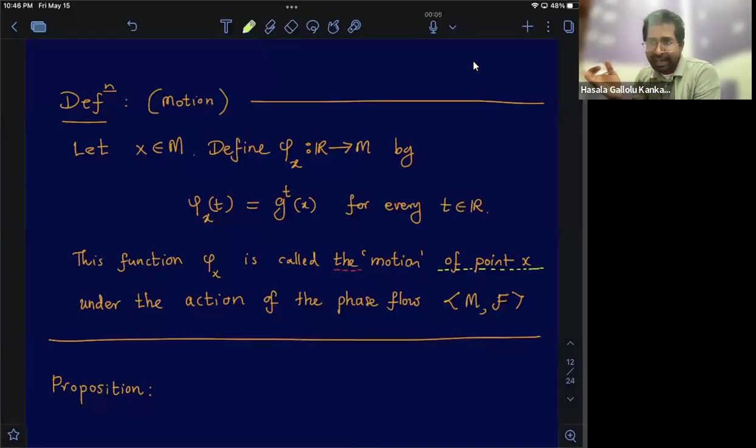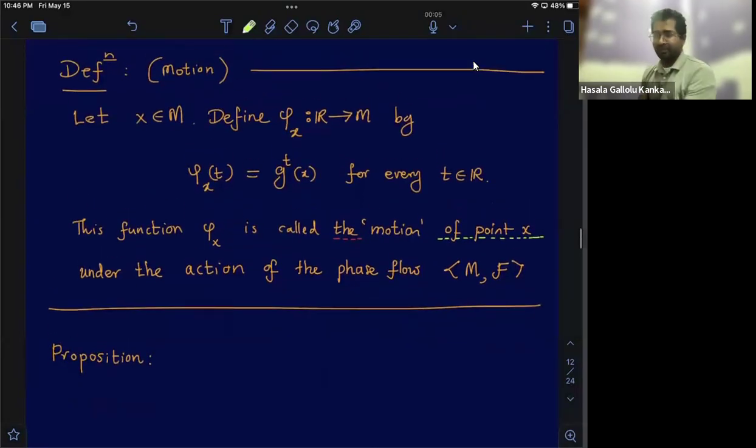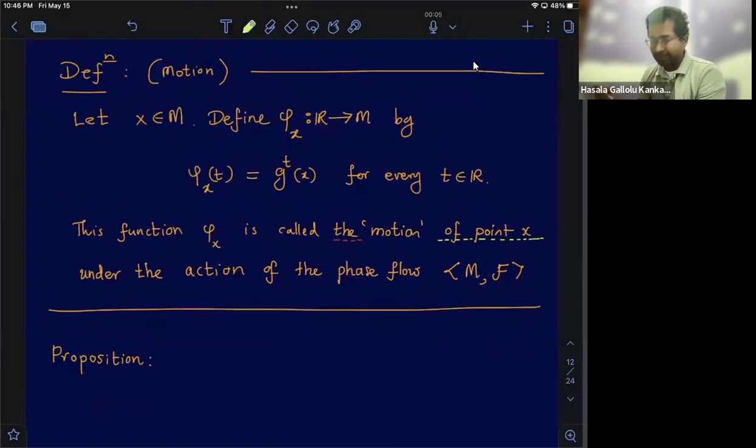So in that case, what you're going to fix is your starting point, or one point along the way. We can simply say this is a starting point, the initial condition. So in this way, without thinking much, let's define it.